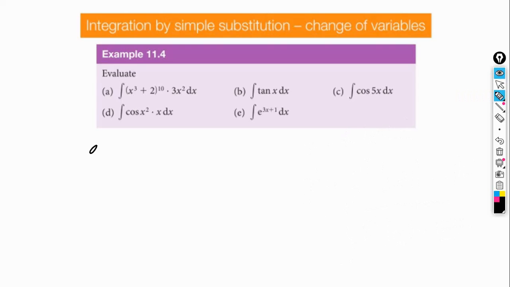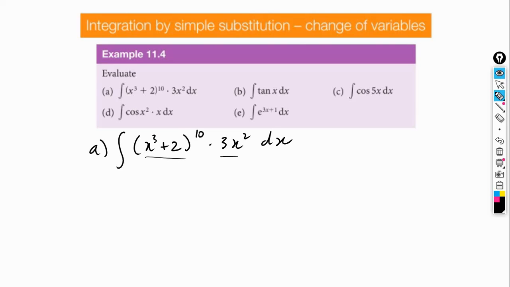For letter A, they want us to evaluate the integral of (x cubed plus 2) to the power of 10 times 3x squared dx. Notice that if you wanted to do this directly, it would be very complicated because you would have to expand this expression to the power of 10, then multiply it by this, and then do the power rule.